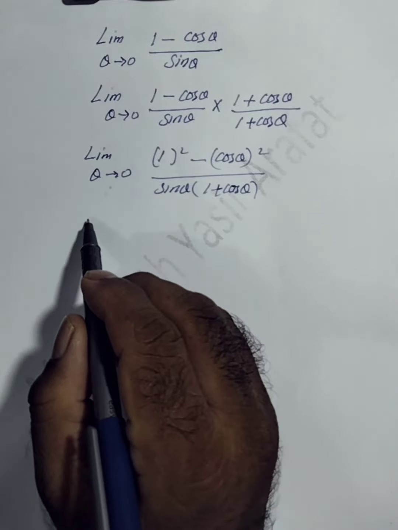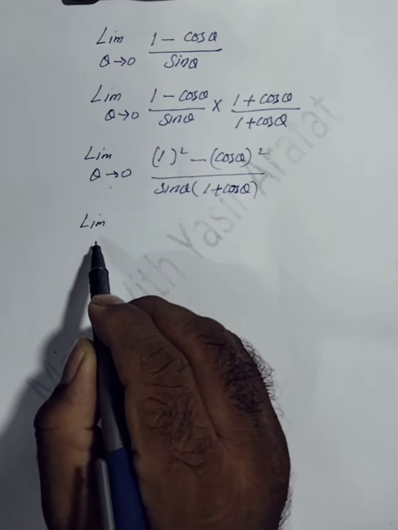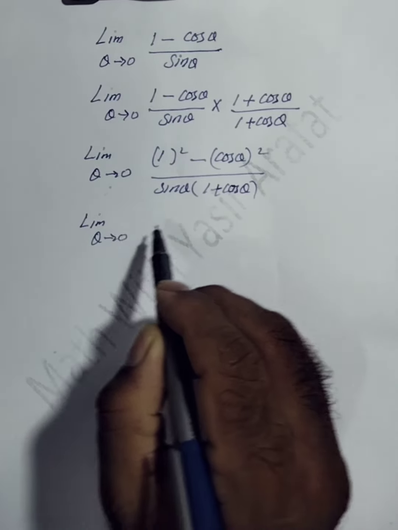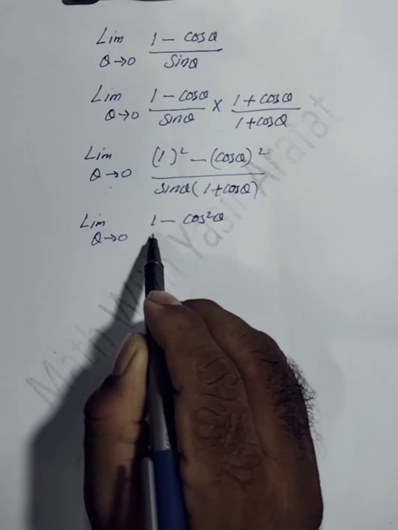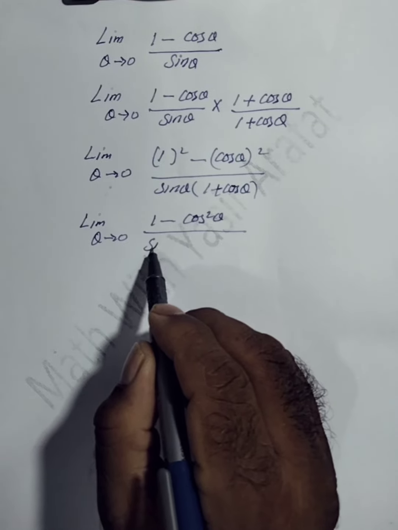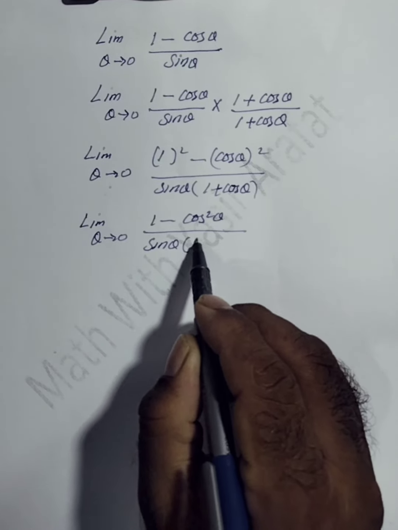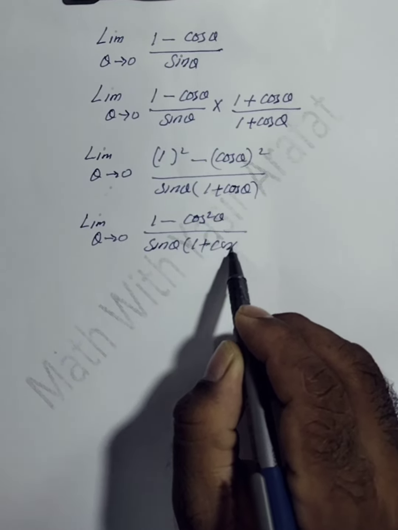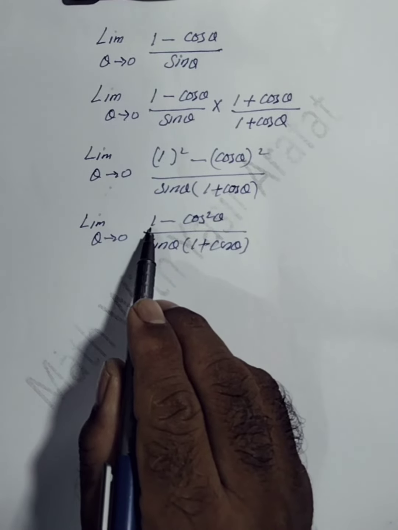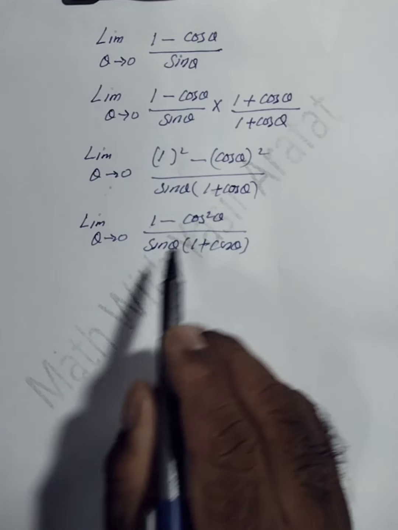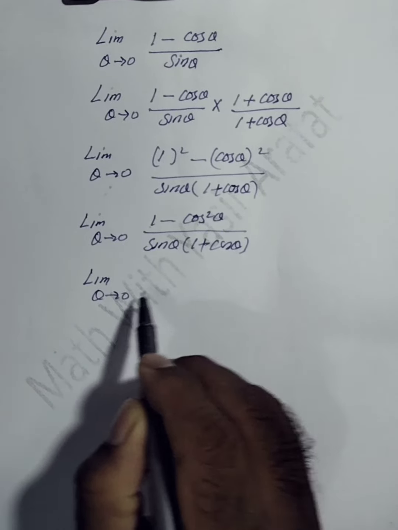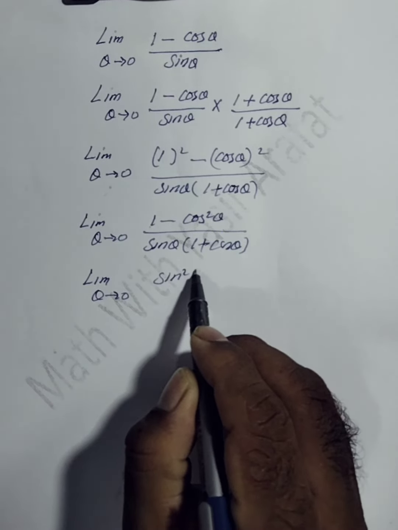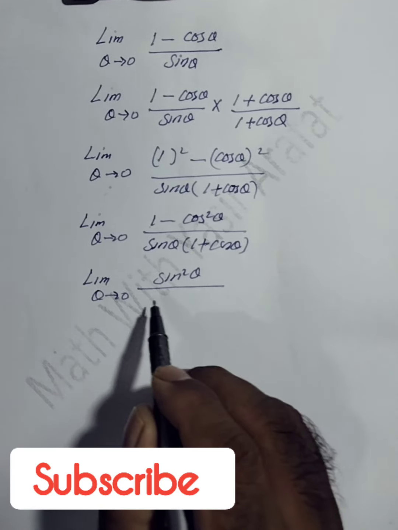So here, limit theta tends to 0, this is 1 minus cos square theta over sin theta, and this is 1 plus cos theta, which remains the same. Again we use the formula 1 minus cos square theta is equal to sin square theta.